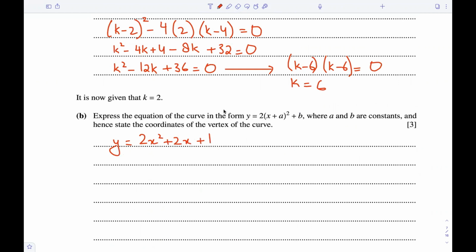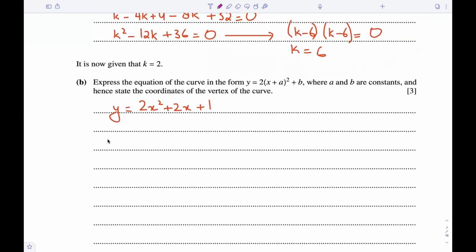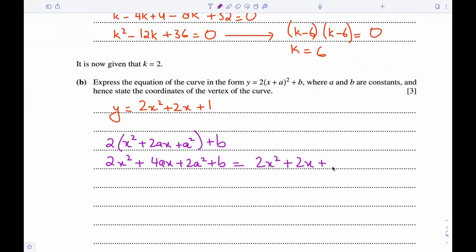Now to convert it to this form, we can do that by comparison. So expanding the form that is given, which is 2 times x plus a whole squared, will become x squared plus 2ax plus a squared plus b. Simplifying this, this will become 2x squared plus 4ax plus 2a squared plus b.